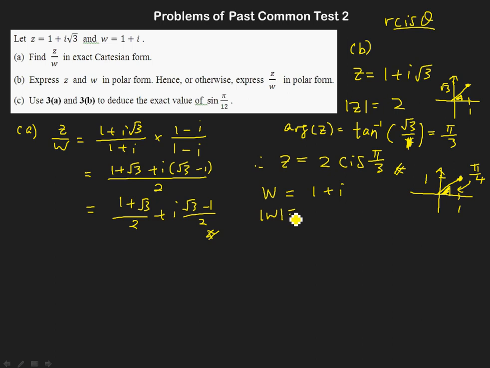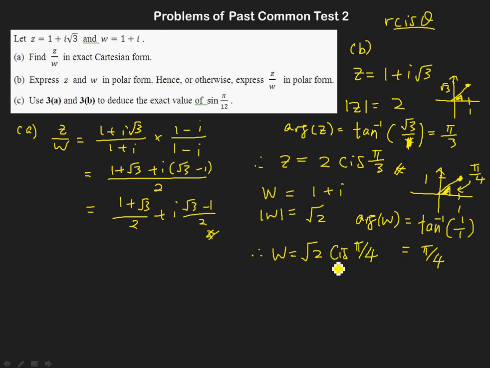First we get the modulus, square root of 2, and the argument of W is inverse of tangent y over x. So y is 1, x is 1, and we have established that this complex number lies in the first quadrant, so pi over 4. Therefore W is square root of 2 cis pi over 4.